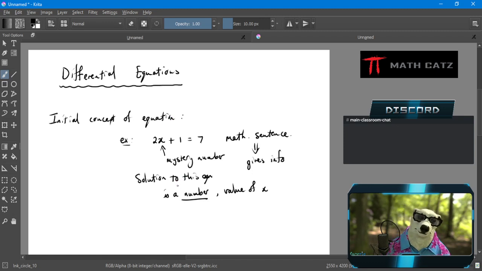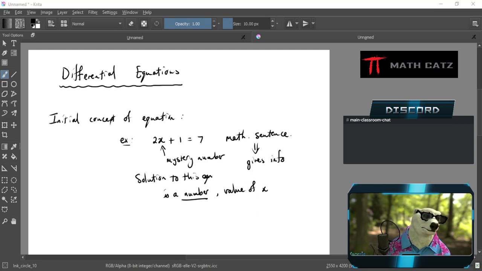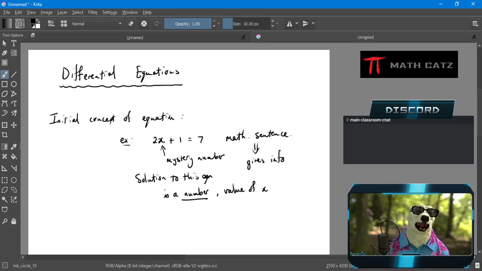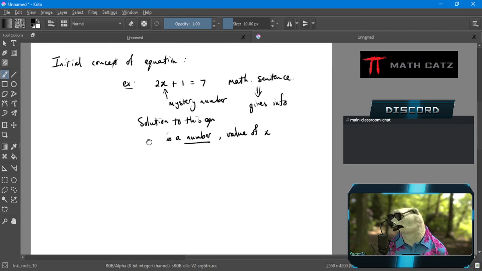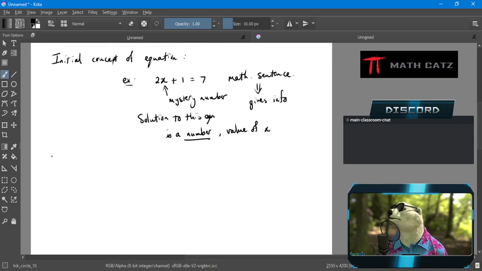However, it's not complete. There are other kinds of equations. So let's see here, a new kind of equation.